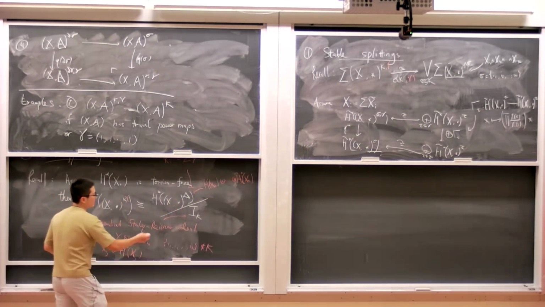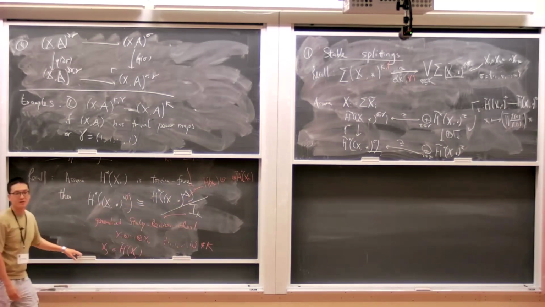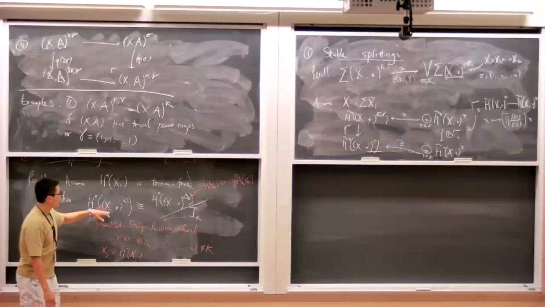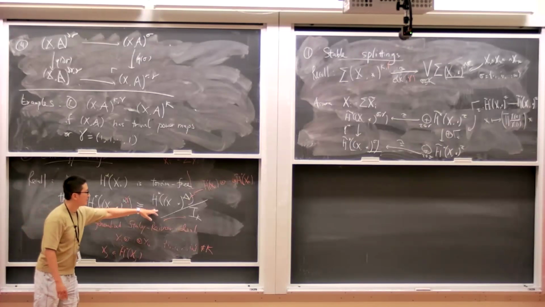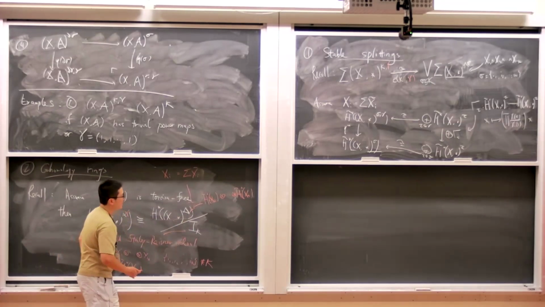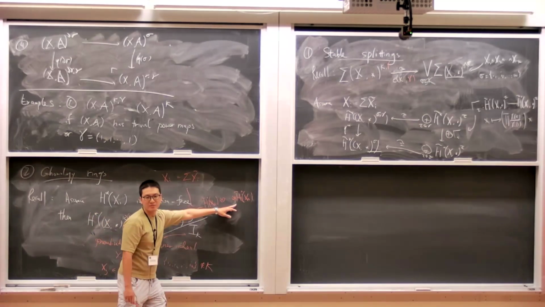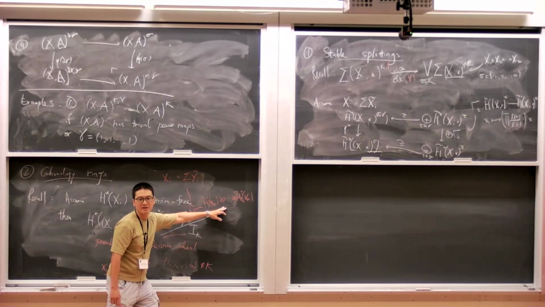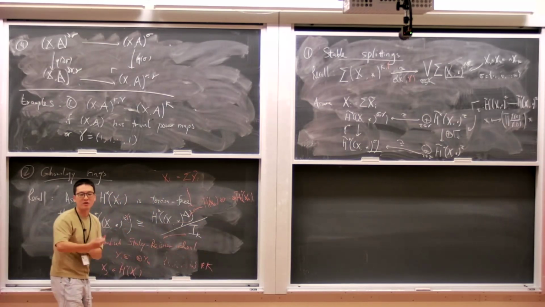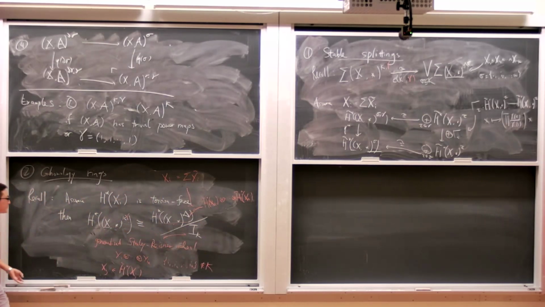Then we obtain a similar result. That is, the cohomology of the polyhedral product of (X, point) with respect to K and gamma is the quotient ring of this. Of course, this is not a tensor product of all these cohomology rings as a ring, but as a module it is, and you just have a more complicated multiplication structure.